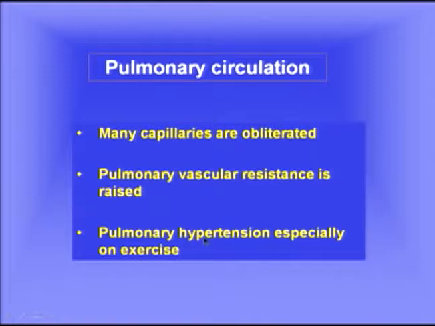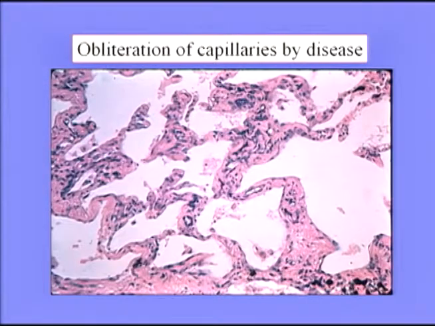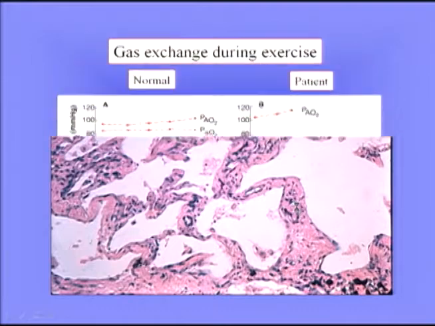And of course, you would expect pulmonary hypertension, particularly on exercise, although patients with severe disease can certainly develop pulmonary hypertension at rest. And this is just to remind us that the capillaries are obliterated. As we saw before, there are very few capillaries to be seen here, and they've all been gobbled up, if you like, by the fibrosis, which is extensive in the alveoli here.